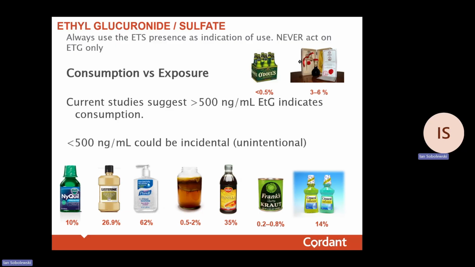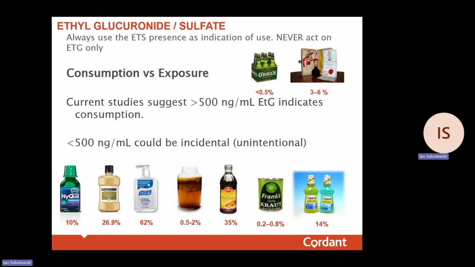Now, our test for ETG and ETS at Cordant is very, very sensitive. There are a lot of products out there that have alcohol in them that if donors are ingesting, they can come up positive for ETG and ETS. I would say if there's any hesitation or any question, give our client service team a call.